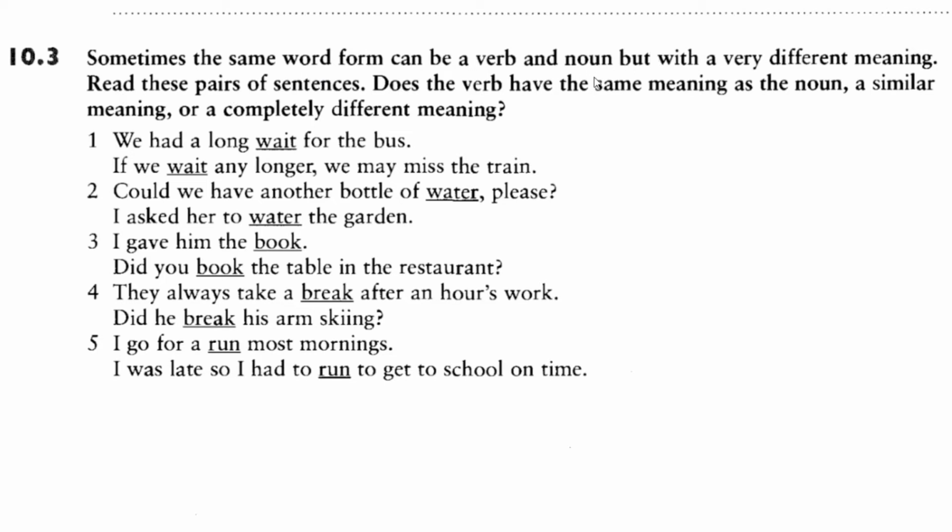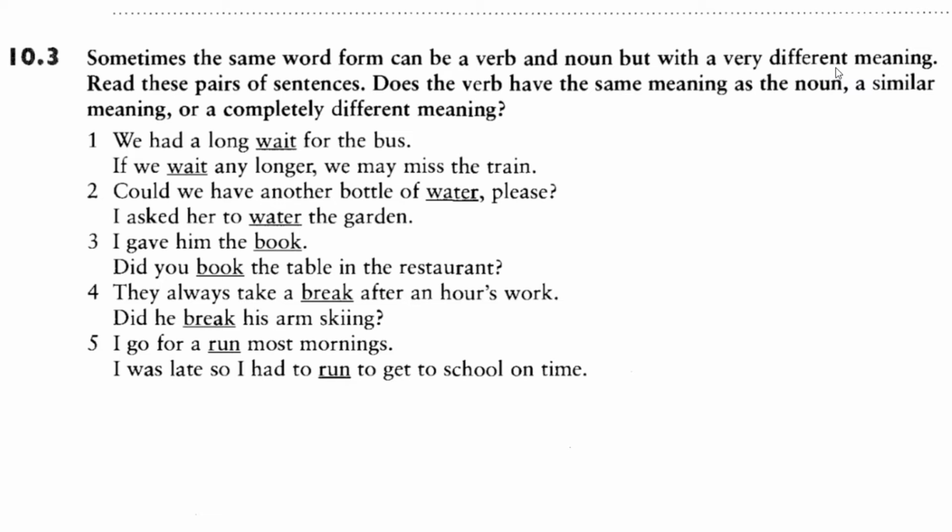Sometimes the same word form can be a verb and a noun, but with a very different meaning. We have already discussed this idea that sometimes we use the word as a verb and as a noun. It can be used differently, as a verb, as a noun, as an adjective, with no difference in meaning.